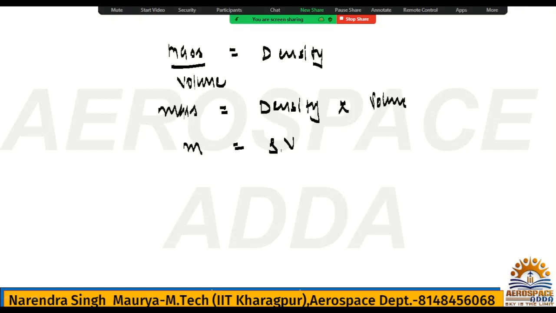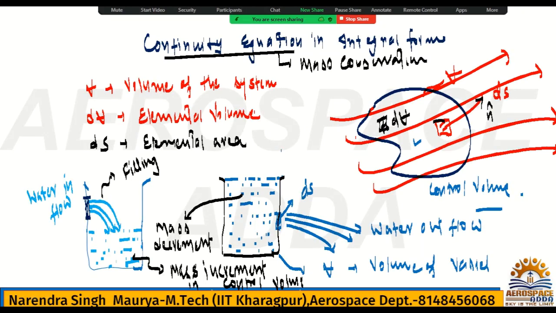But mass, in one case, check, two diagrams you have. In one case mass is decrement. In another case mass is increment. Yes or no? So sorry, in the first case mass is increment because it is filling. And in the second diagram mass is decrement. Why? Because water is going outside, right?